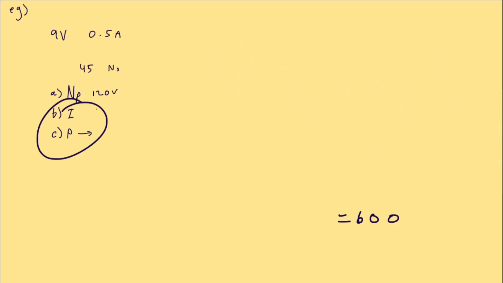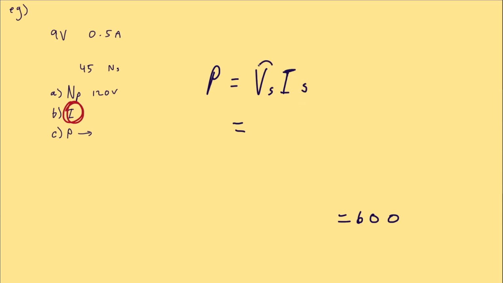And the thing is, these two are actually connected because to find current, we can use power. We're going to solve for both of these at once. So the current flowing through the primary coil, if you remember power conservation, power is equal to Vs Is. Vs, the voltage through the secondary coil, is 9, and the current 0.5. This means power is 4.5 watts.